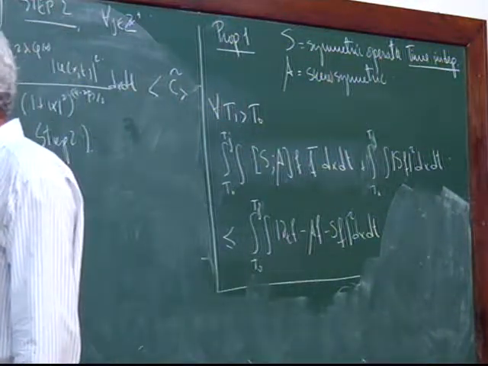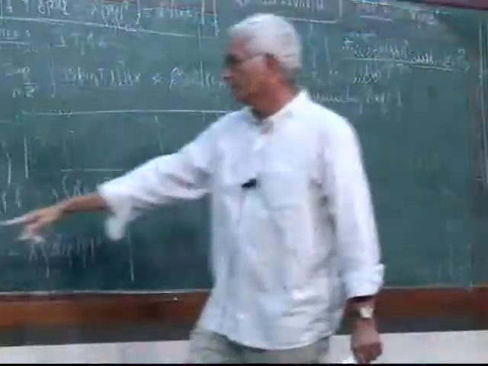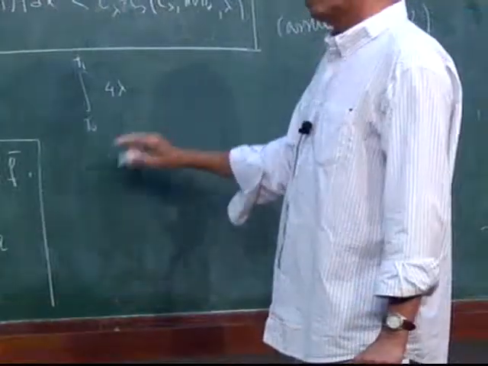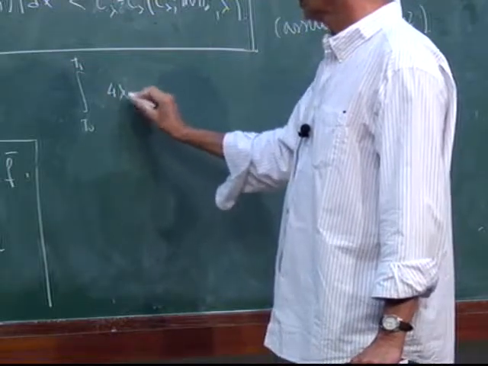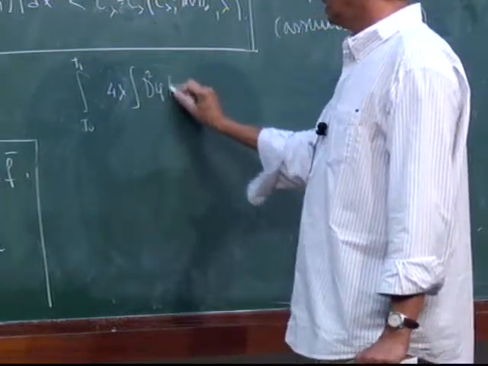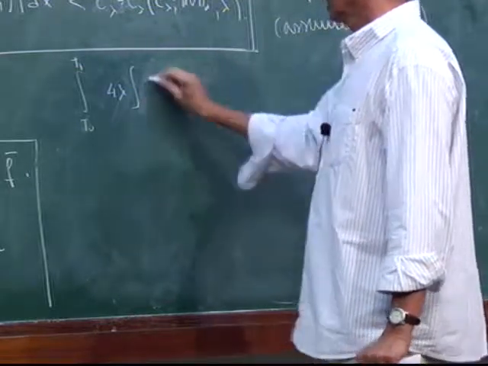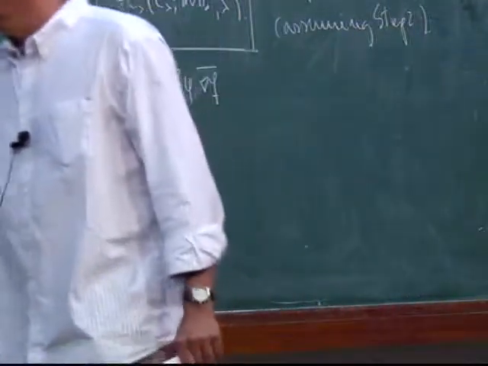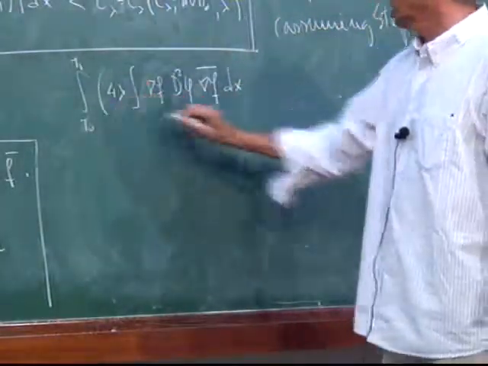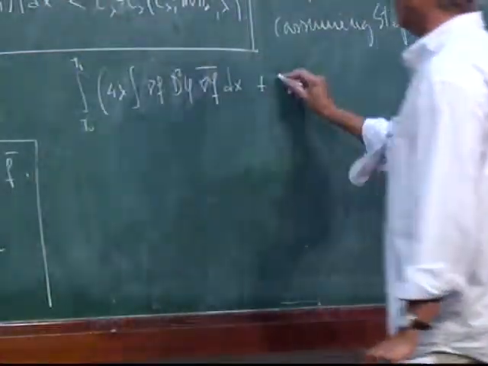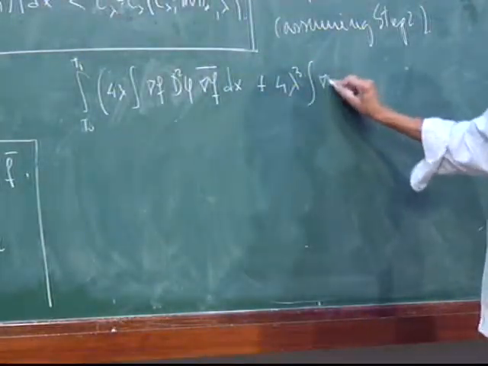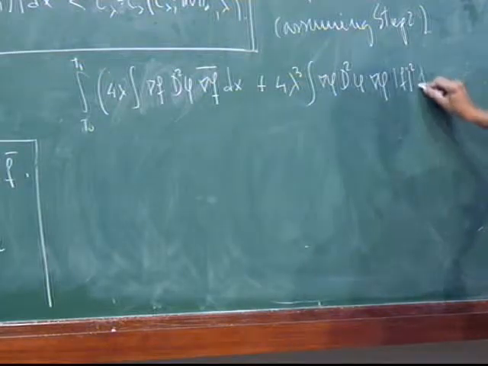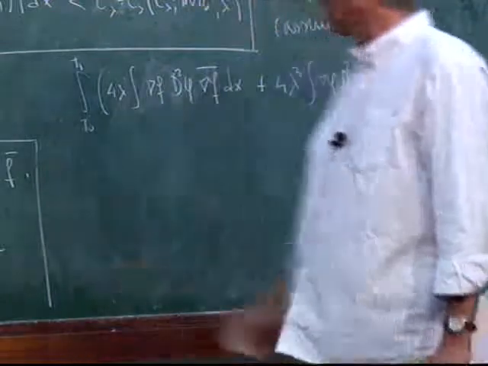We have the integral between T0 and T1, and now we have this part, 4 lambda, integral of the second derivatives of phi, gradient of f squared dx, plus this one, 4 lambda cubed, gradient of phi, the second derivative of phi, gradient of phi, f squared dx. This part we don't have control of, so it will pass to the other side.